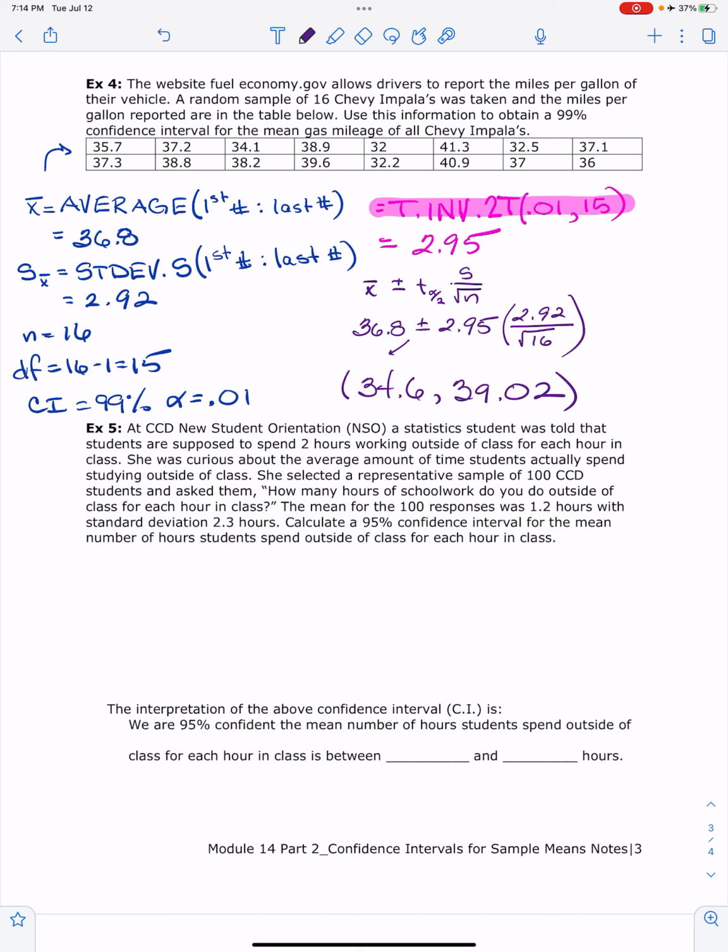So we are 99% confident that the average gas mileage for a Chevy Impala is between 34.6 and 39. I guess I should round to the same on both, 39.0. Think we can cram that in here? I'm just going to write it really small.